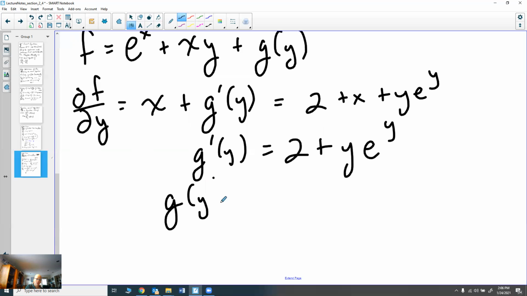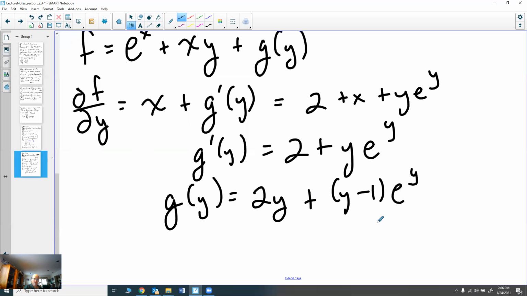Now I can find out what g of y is by just taking the integral of this with respect to y. That's 2 times y plus (y minus 1) e to the y. Again, you can use technology to find out what the integral of y e to the y is, or your table of integrals. I don't care. So now I know what g of y is equal to. Oh, plus c.